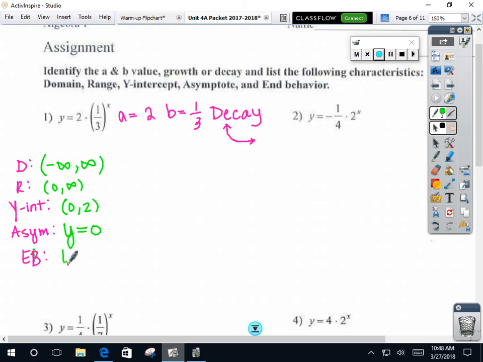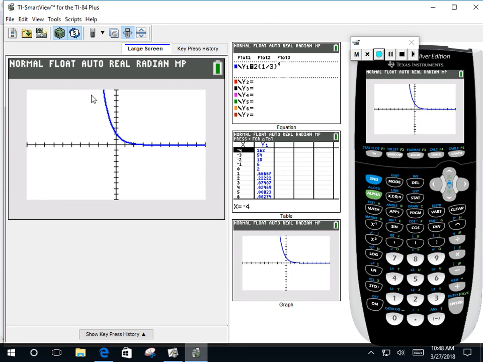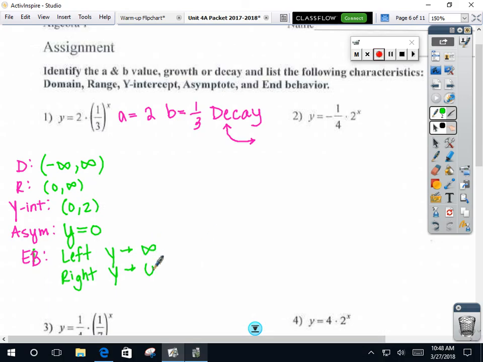Okay, and then for end behavior, left and then right is how it will be written out on your quiz. And you will just have to know what to put for the y's. On the left side, it's going up to infinity, and on the right side, it's going to 0. Does that make sense? Yeah, on the right side, plus guys, look. Once you have a rough sketch like I did already, and you know the asymptote's at 0, can't you pretty much just use this as your picture instead of using a calculator at all?